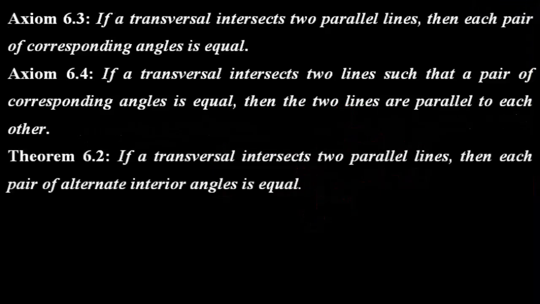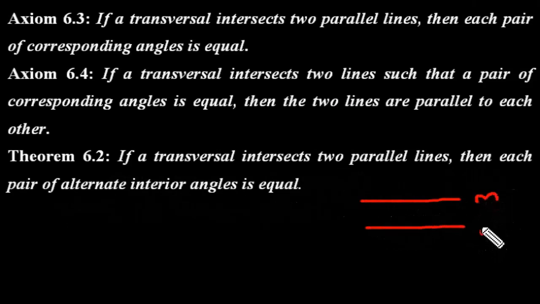Now let us move to the next one. Theorem 6.2. If a transversal intersects two parallel lines, then each pair of alternate interior angles is equal. That is, if these two lines are parallel, then we will have alternate angles, and these alternate interior angles are equal.